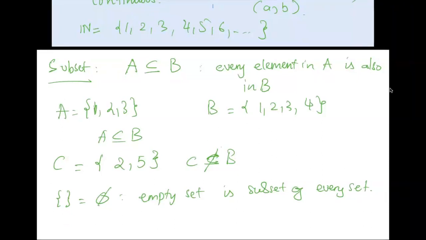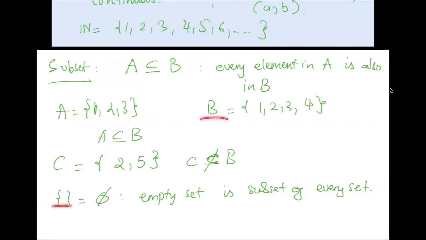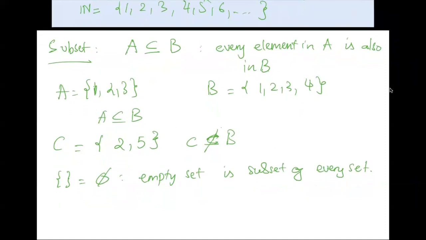You can check here: the empty set is a subset of A, of B, and of C. So the empty set is a subset of every set. If you want to know why, you can post on Piazza, and I will put an explanation there.